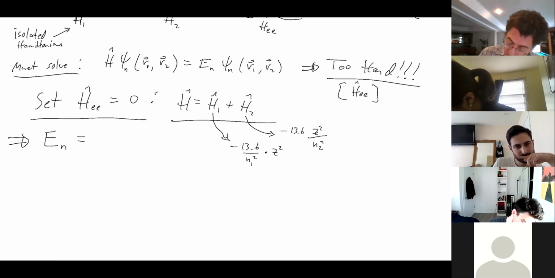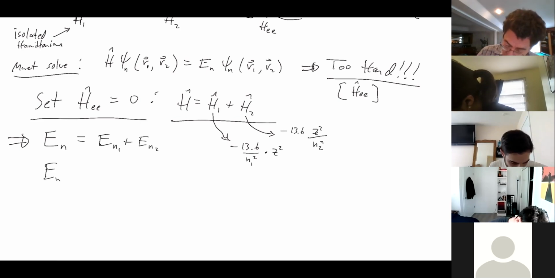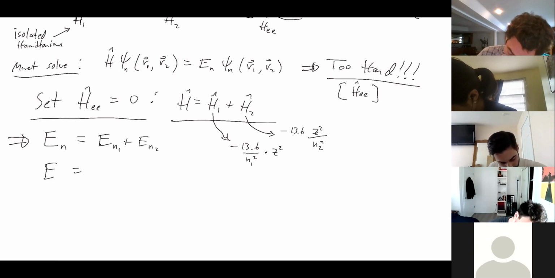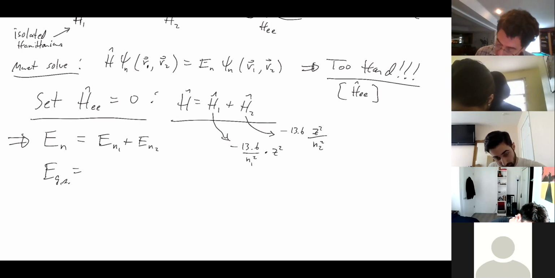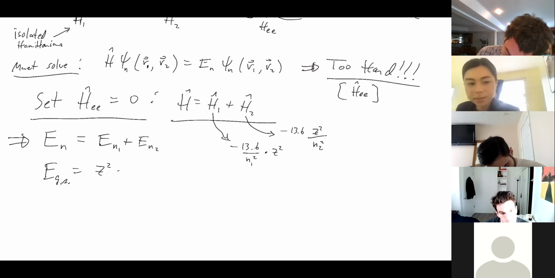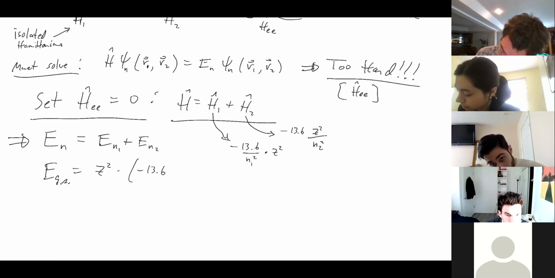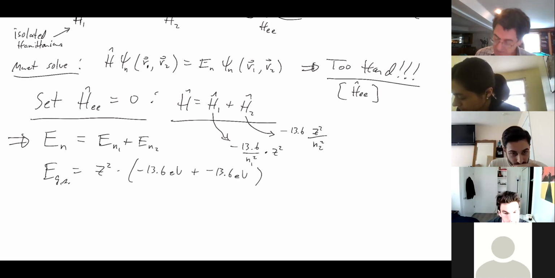And so that means that the total energy is just going to be the sum of them. It's just the sum of En1 plus En2 because the particles are independent. So for the ground state, I just take the biggest, most negative energy, and it's going to be Z squared times negative 13.6 eV plus negative 13.6 eV, right?